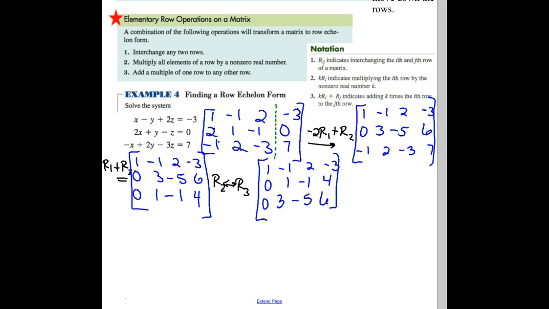All right, now my row 1 looks good and my row 2 looks good. I just need to get row 3 to not have those y's. What could I do?